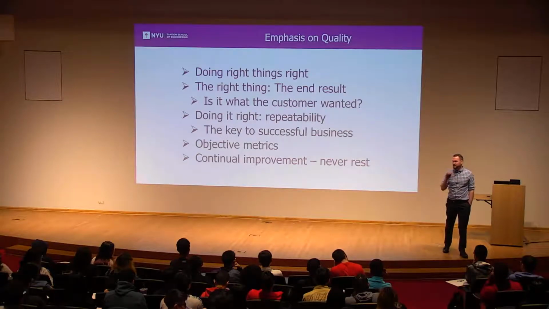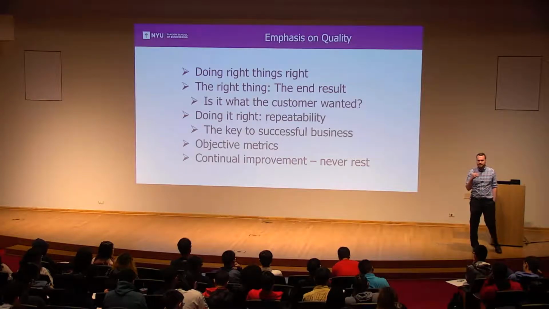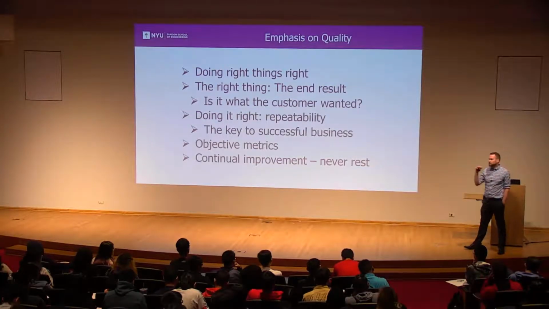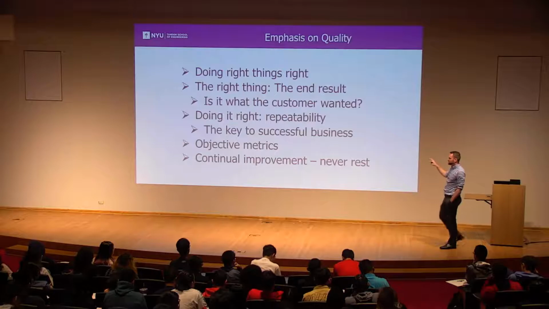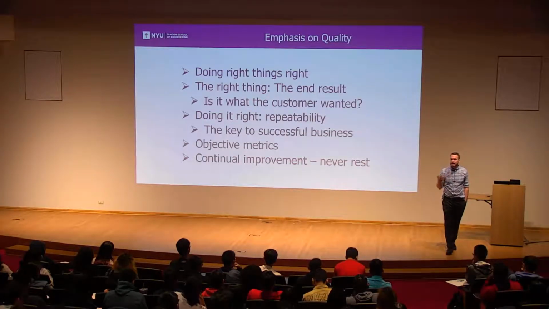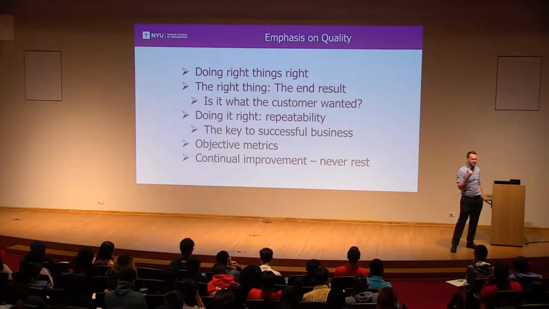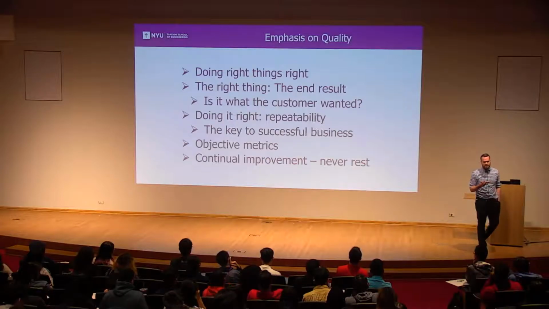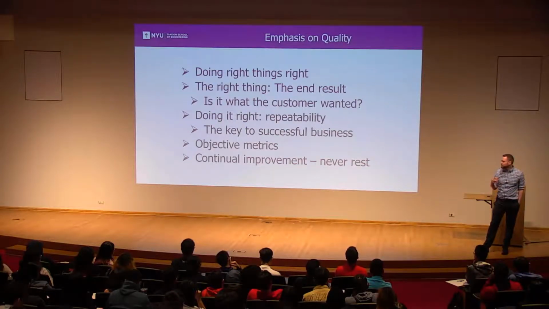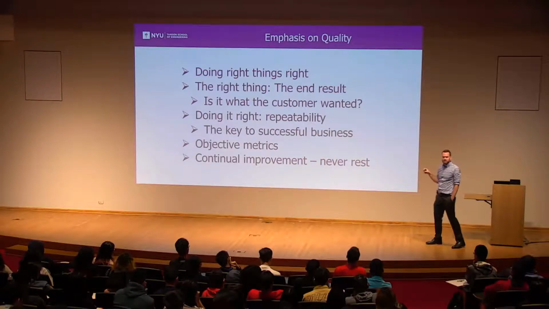It's that any engineer who approached the same problem in the same way would have derived the same solution. So repeatability is really critical, and we want to give you some objective metrics to understand how this works. That's why there is a rubric for the writing consultant portion of your grade. There's a rubric for the TA portion of your grade as well, and we expect you to be reviewing those and continually making improvements throughout the semester.